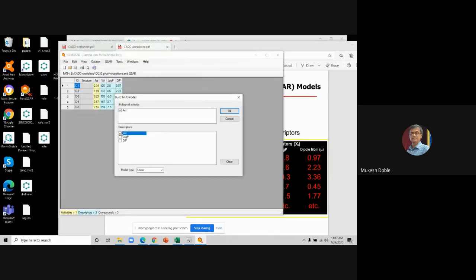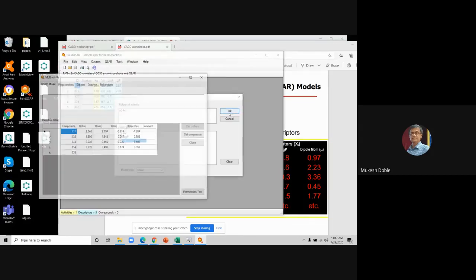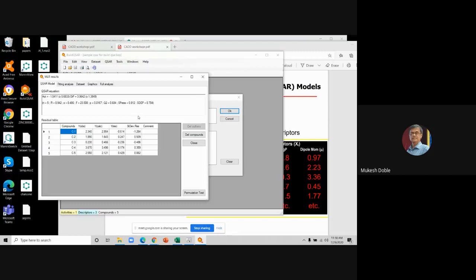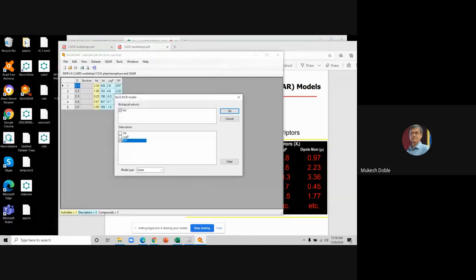Okay, so instead of log P, sorry, then I can do dipole also. So it gives you a one descriptor model here. You can see here activity is equal to negative dipole. It also gives you the predicted values, standard deviation, actual values, all those things. Although it's not a good idea to do a two descriptor model, we can also do a two descriptor model with volume and dipole.